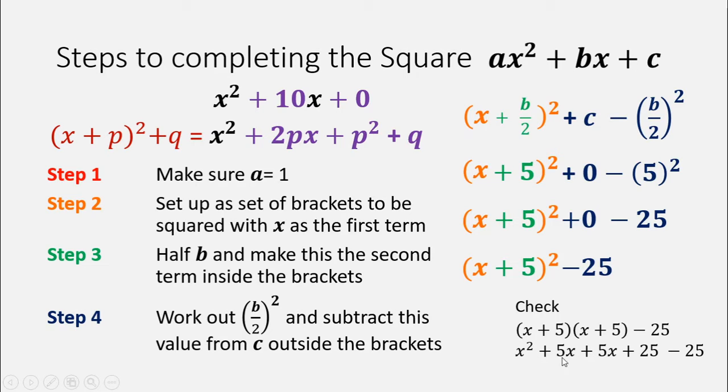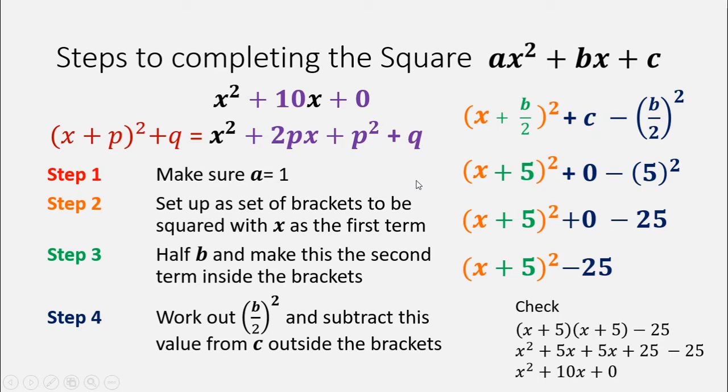That's giving me my x squared, my 5x and my 5x, which together will make that 10x, looking good, plus 25, which was what I didn't want from expanding out this bracket, which is why I subtracted it here. So this is all going to group together and simplify really nicely, x squared plus 10x plus 0, exactly like we planned.